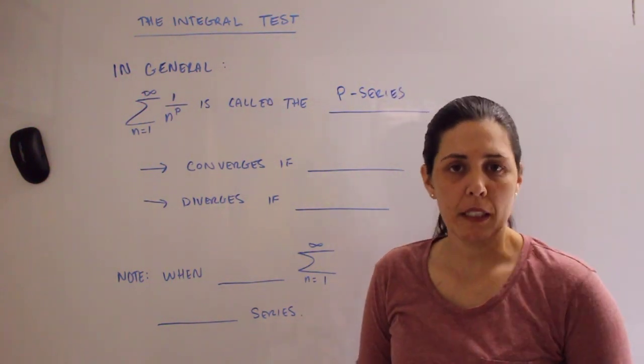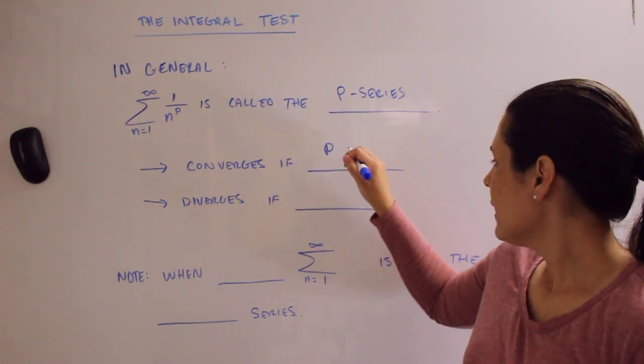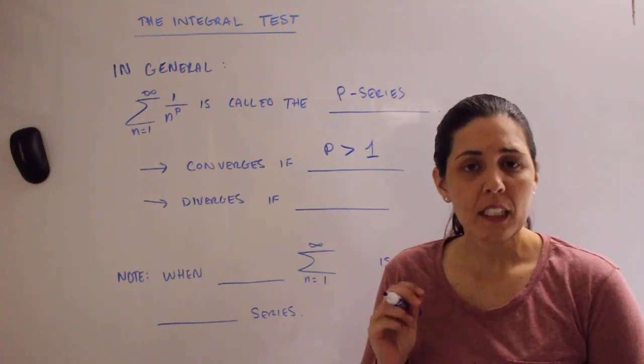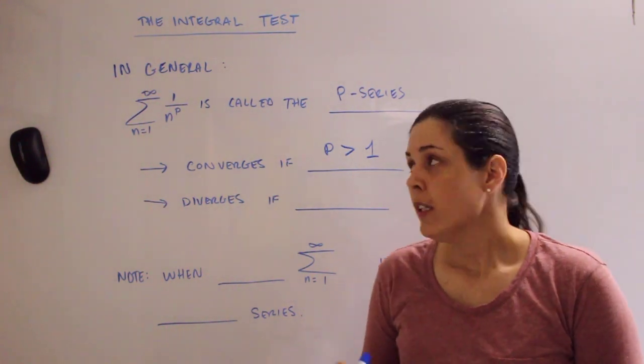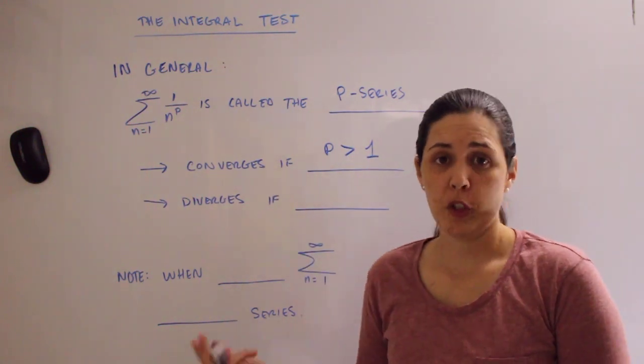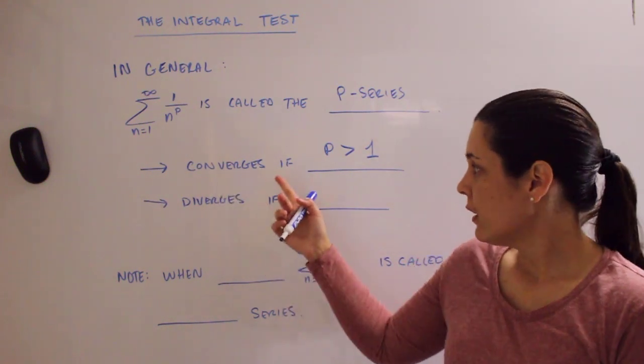What we know about the p series is that it converges if p is greater than 1. If the exponent is bigger than 1, like our last example with an exponent of 2, the series will converge.